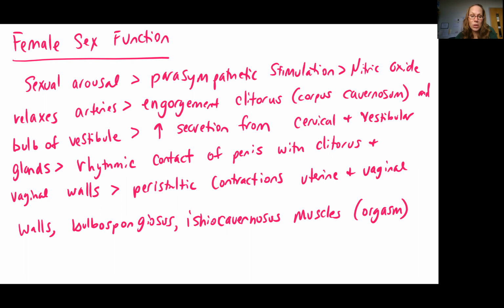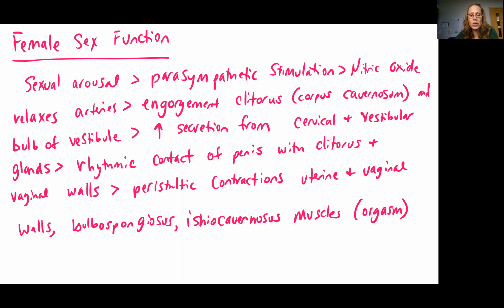Continued stimulation is going to increase the secretion from cervical and vestibular glands, as well as increase blood flow to this area, causing fluid to cross into the vestibule from underlying connective tissue so that the area gets very wet.